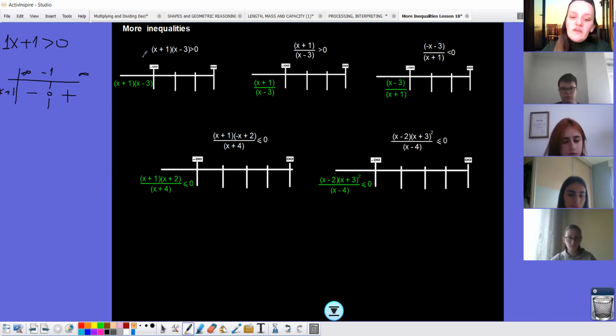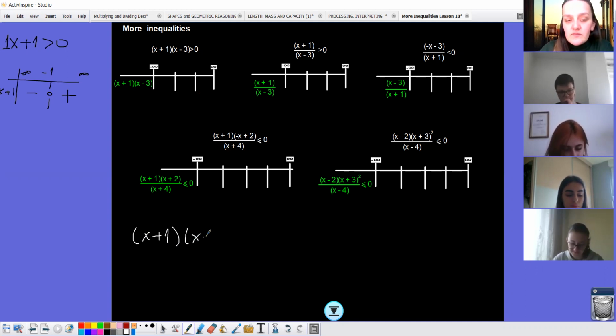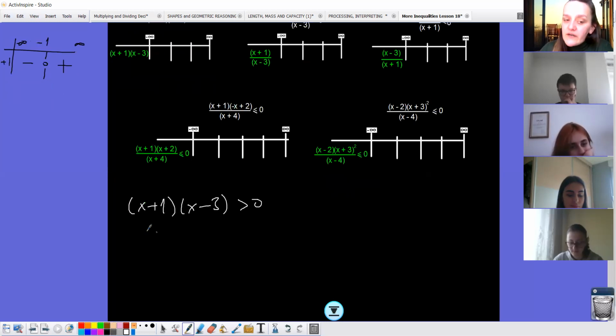Now here, I will take them separately, because it is given directly how you can write it as one sign chart, but I will show you step by step. So if we have x plus 1 times x minus 3 greater than 0, again we will find the critical points first. How were we finding them?